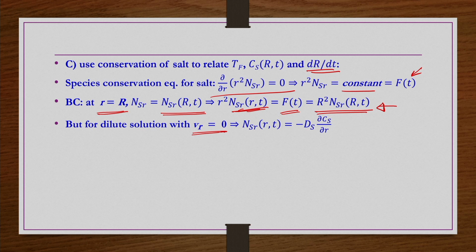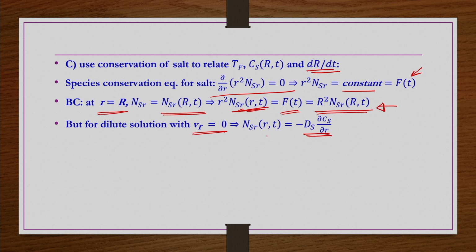So, for a dilute solution with VR equal to 0: if VR is 0, that means there is no bulk motion. If there is no bulk motion, in the combined flux you will have only the diffusive flux terms, right. So, the flux contribution due to bulk motion is not there.